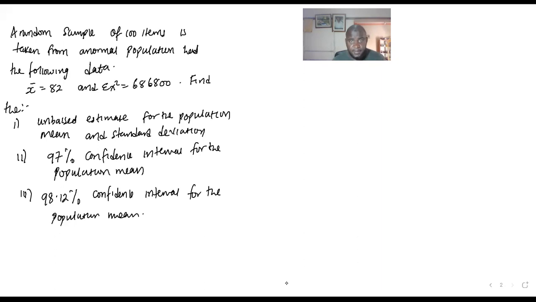With that, we need to first find the standard deviation. The mean has been given, so we shall need to find the variance and standard deviation.